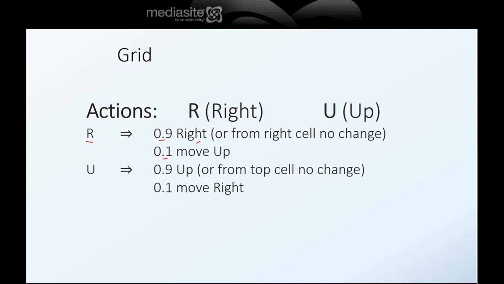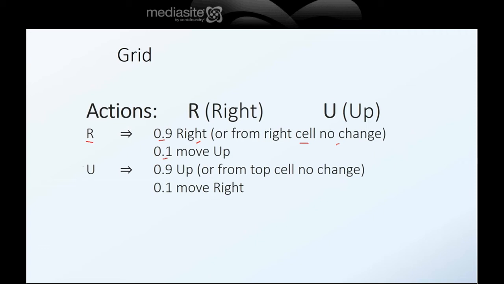Also, if the agent is in any of the three rightmost cells, then executing action R will land in exactly the same cell because it cannot move right of the right cell.